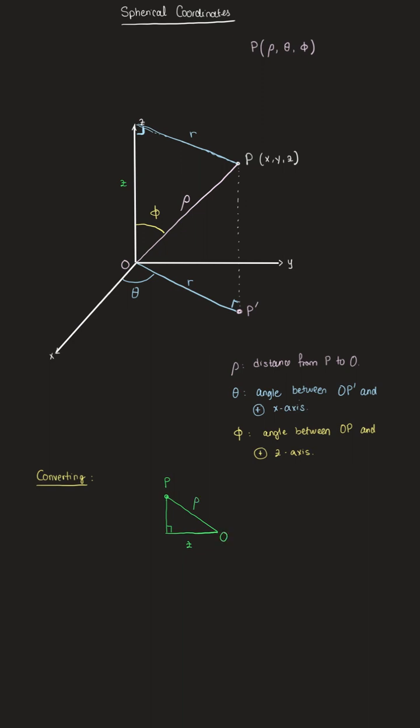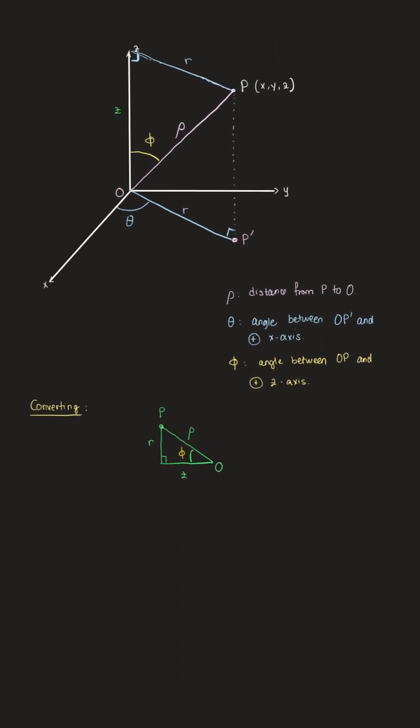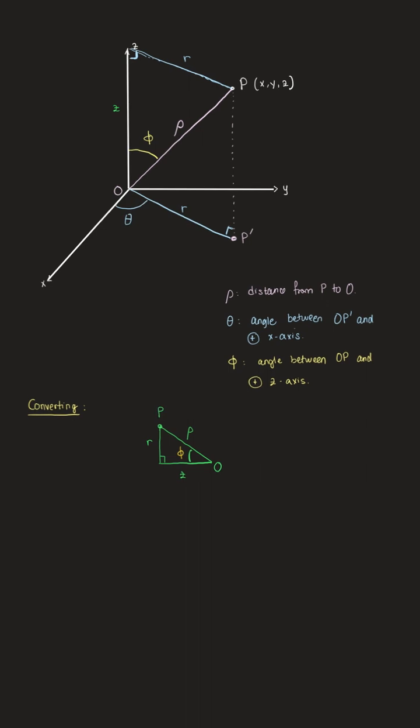This is the origin. So I'm reorienting that triangle. And this vertical length is r. And this is angle phi. So this is going to allow us to derive some relationships here between rho, r, z, and phi.